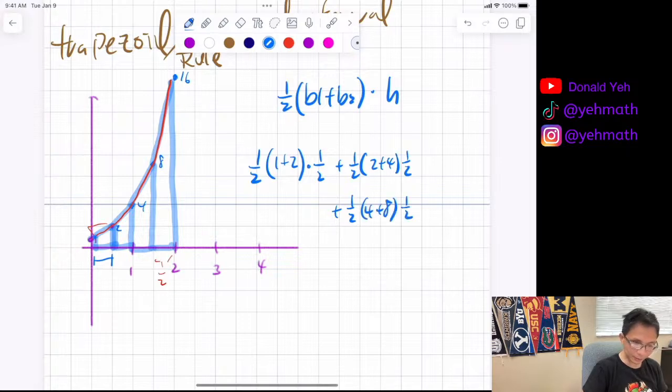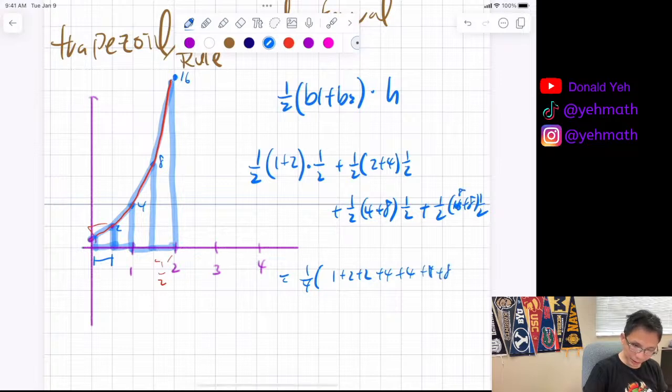Plus 1/2 times 8 plus 16. So basically it's 1/4 times 1 plus 2 plus 2 plus 4 plus 4 plus 8 plus 8 plus 16. And that's it.